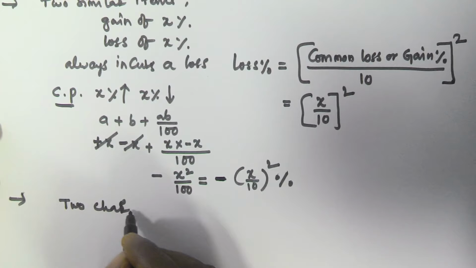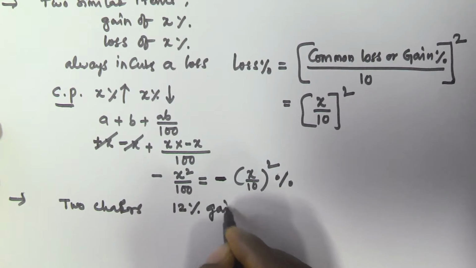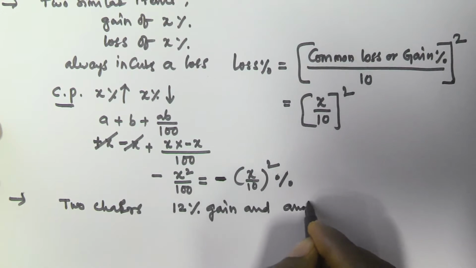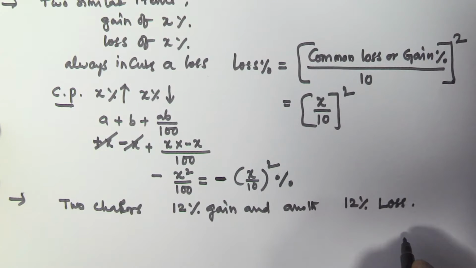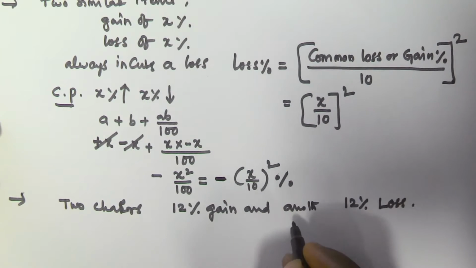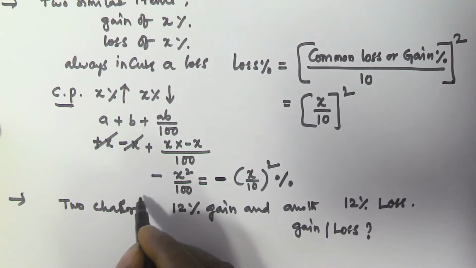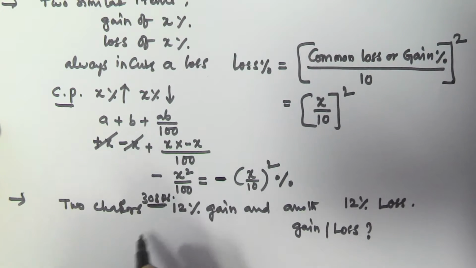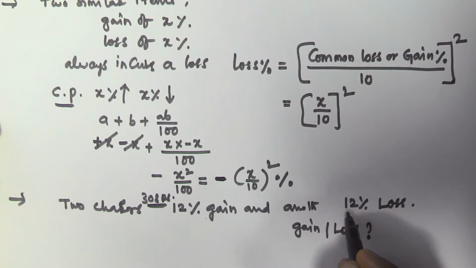Let us assume there are two similar chairs. One is sold at 12 percentage gain and another is sold at 12 percentage loss.